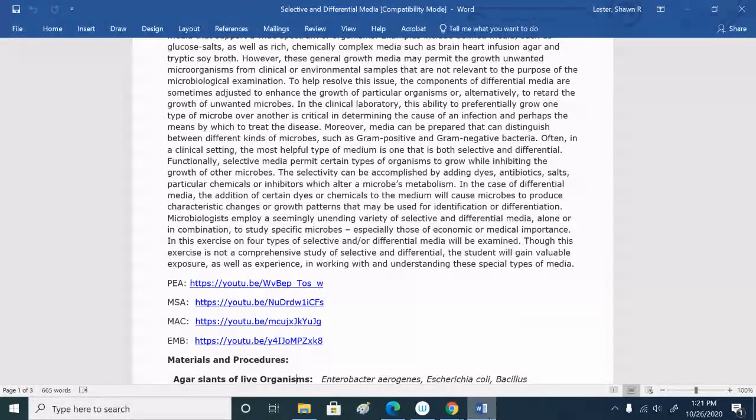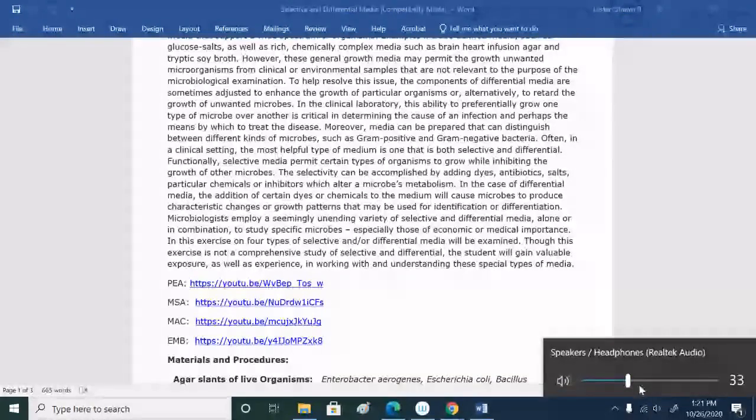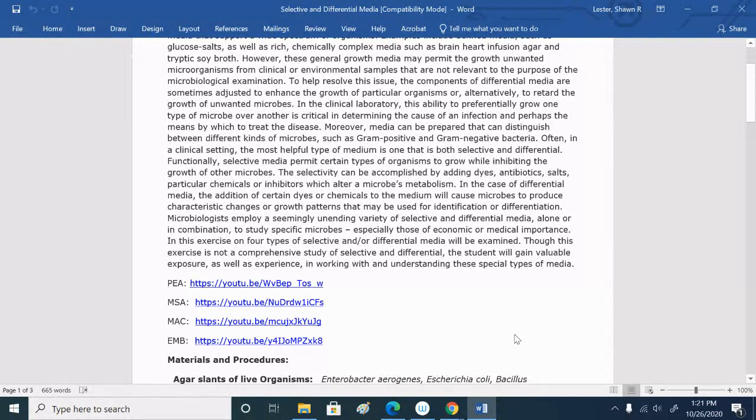And so what was the concentration of salt in our bodies? What's the concentration of salt in our bodies? Anybody remember? What's isotonic saline?